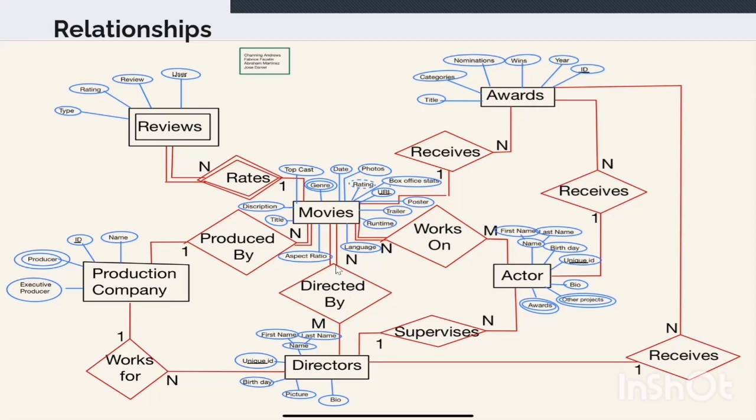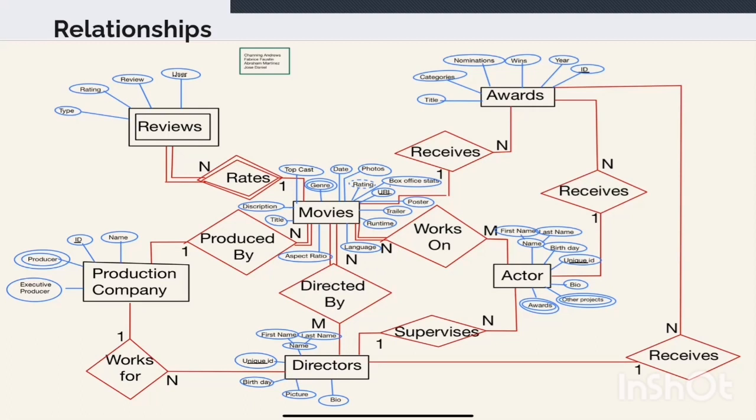And so we can say that a movie entity must, this is a constraint, a total constraint, be directed by multiple directors. So what is a total constraint? Backing up.